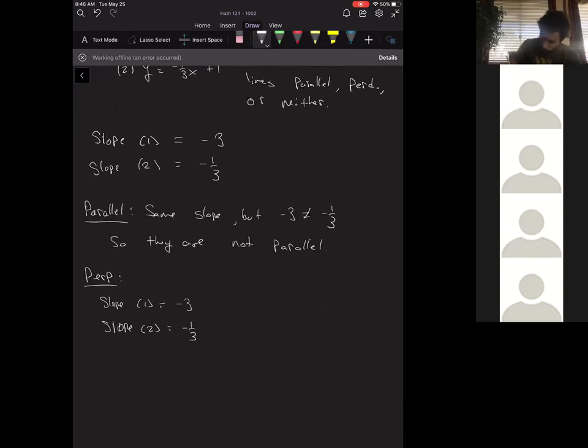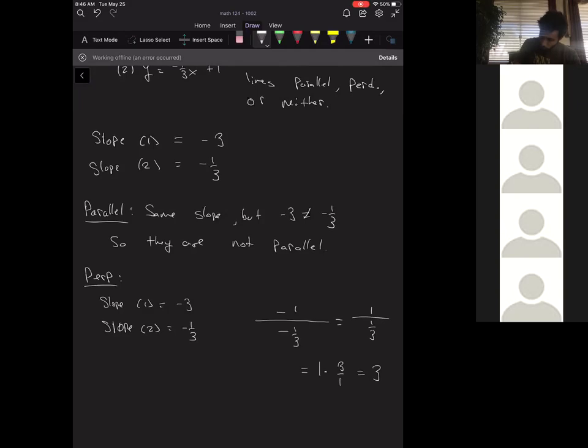What happens if we do minus 1 divided by the slope of 2? We have a minus on the top and a minus on the bottom, so those cancel. So it's just going to be 1 divided by 1/3. Here we're dividing by a fraction, so we take the top fraction, which is just 1, and multiply it by the bottom turned upside down, which is 3/1, which is equal to 3.